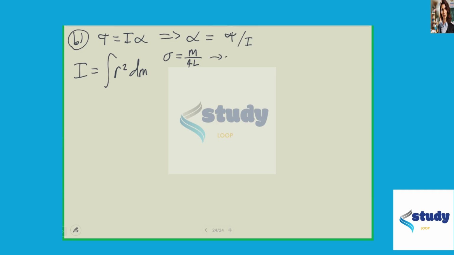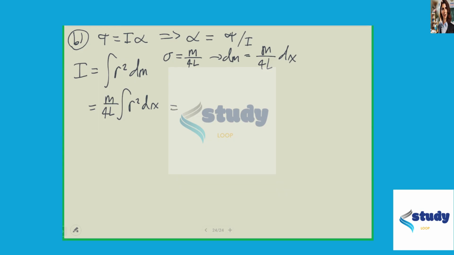And therefore dm is just going to be essentially this M divided by 4L times dx. So actually, this is M over 4L times the integral of r squared dx, where this integral is taken over the length of the entire square.